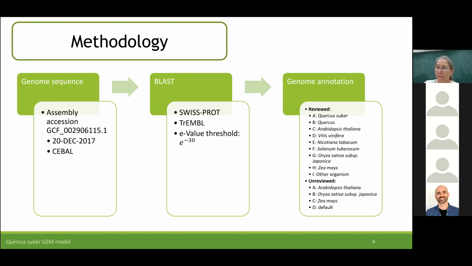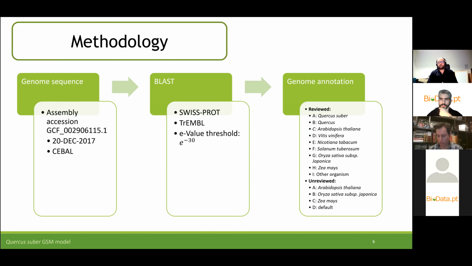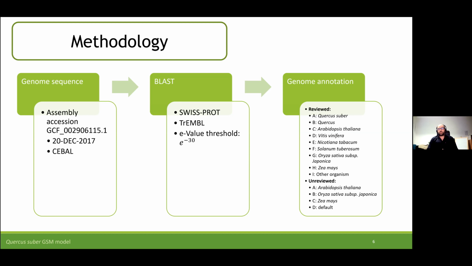And then we used Merlin's workflow for performing a semi-automatic genome annotation, in which we provide an ordered list of organisms on which the software should base its predictions when annotating the function of each gene.